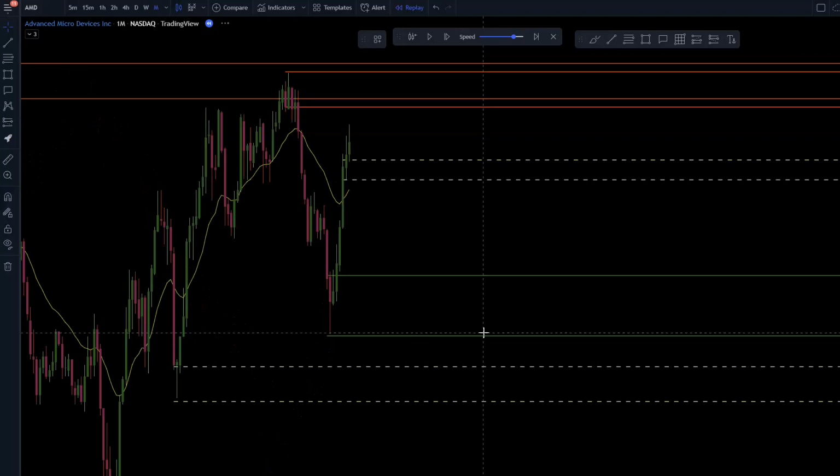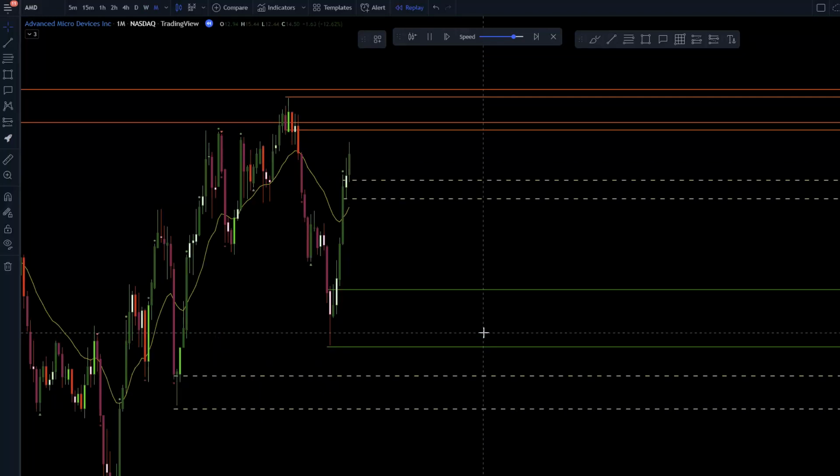It's working, but this is not a valid trade for us.